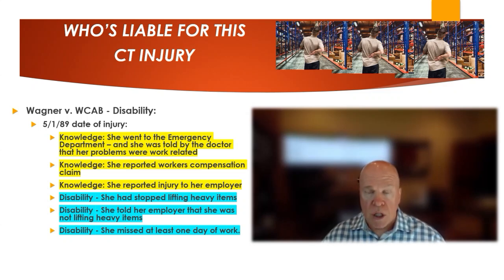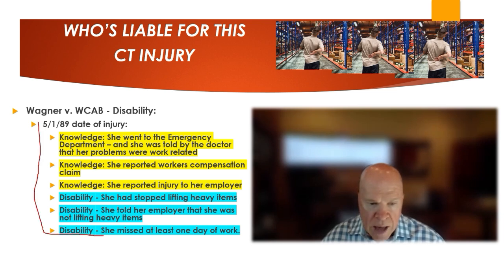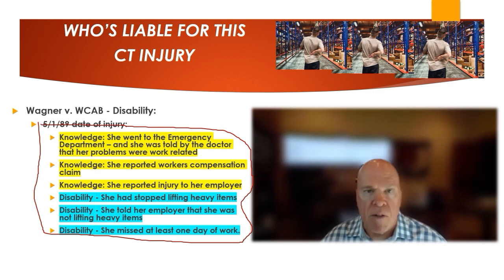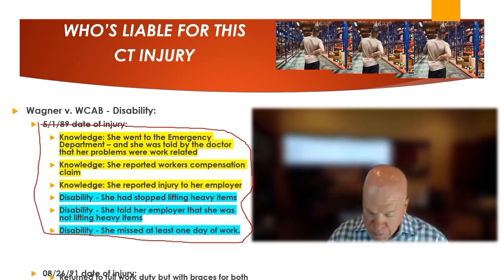In other words, she self-imposed work restrictions on herself. This is when she told her employer that she was not lifting heavy items and that the medical record established that she missed at least one day of work.